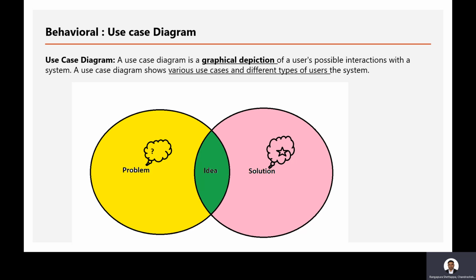If an operator is switching on a motor, then he is initiating the motor switch on use case, so he becomes the actor. Anyone who is interacting with the system or who is starting the workflow is called an actor.